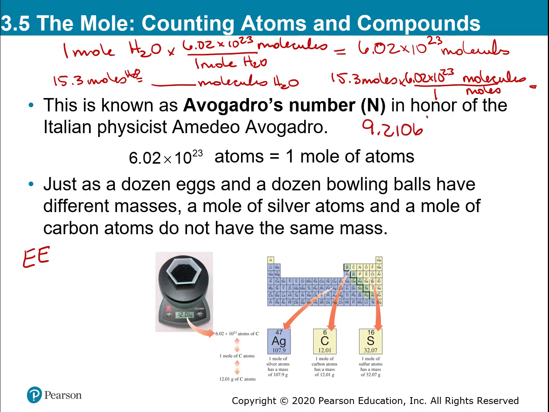What do you see as your answer? 9.2106, and then you have this, or you have 9.2106E24. Do you have that? The top one is the old calculator, so you just see that. This means 9.2106 times 10 to the 24.